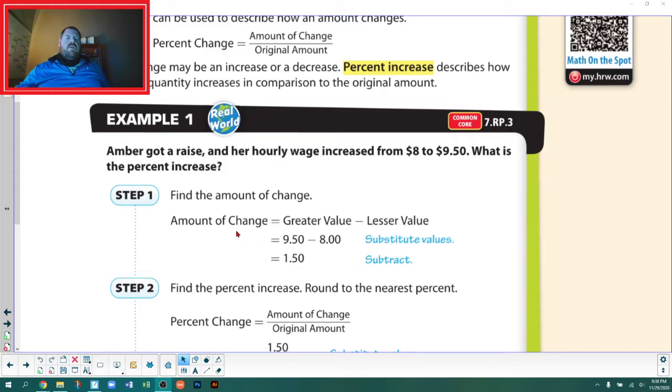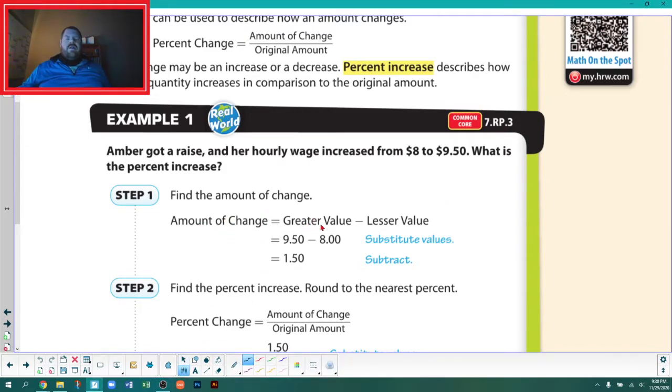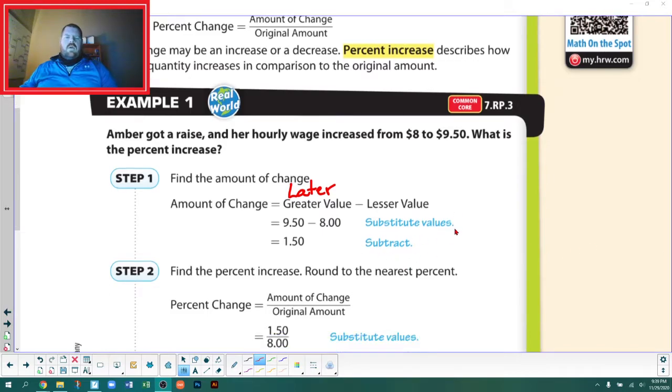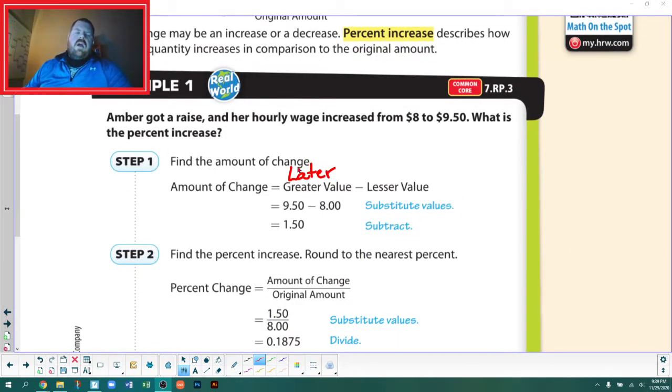So to find the amount of change, we take our bigger value. For increase, I kind of hate that they say this, but we take our greater value. I might think of this more as, instead of greater, I'm going to say later value.